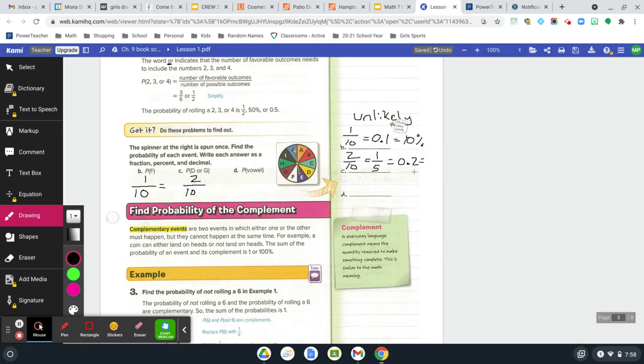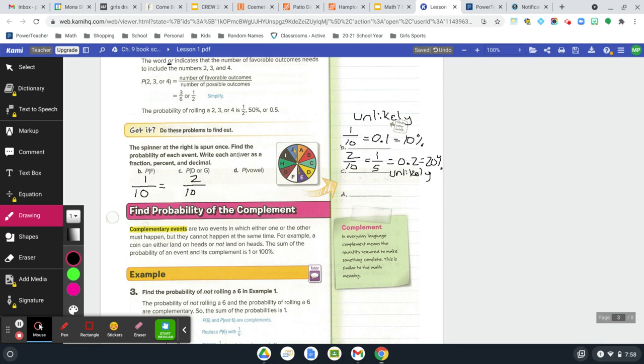And if I move my decimal 2 places to the right, that means that's a 20% chance of landing on either the D or the G when I spin that spinner. Now, this is also at 20% unlikely to occur. That's an unlikely probability for it to land on a D or a G.